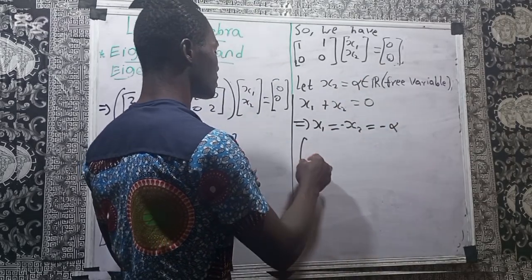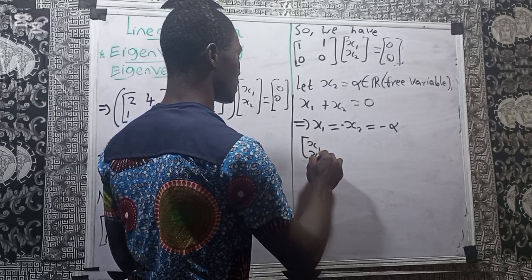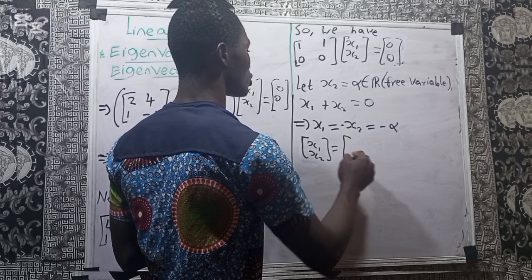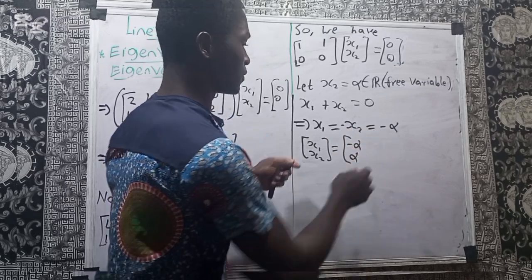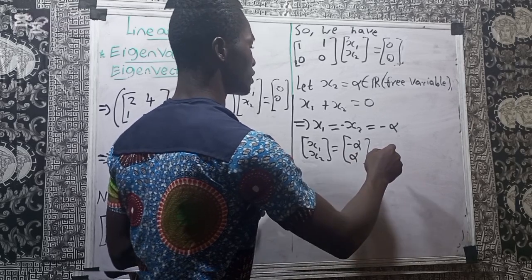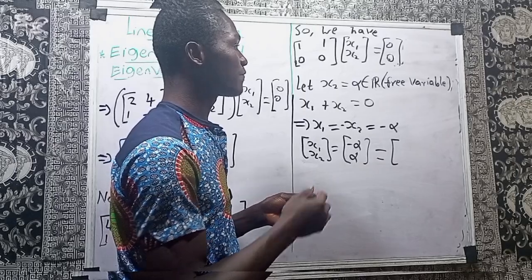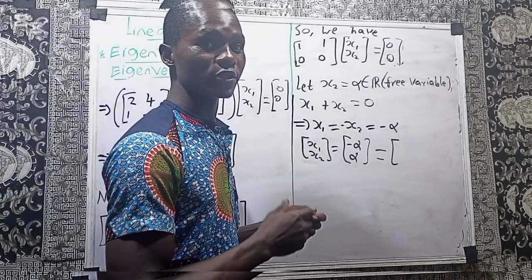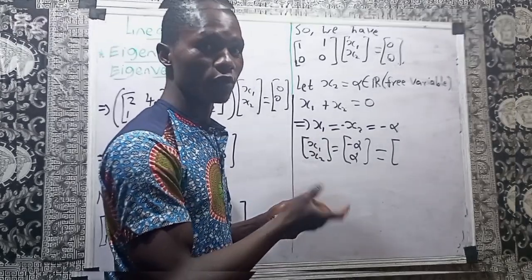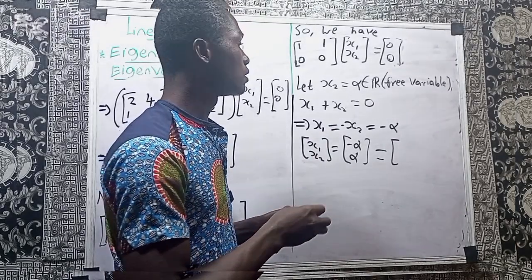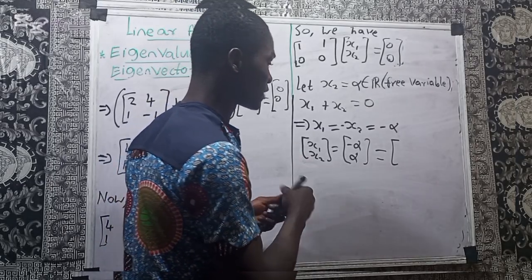So with this, we have gotten your x1 and x2. So our column vector having entries x1, x2 will be equal to negative alpha, alpha, right? We are going to choose a particular value for alpha, because alpha is any real number. Any real number you choose will give you an eigenvector for that lambda equals negative 2. So let's choose alpha to be 1.